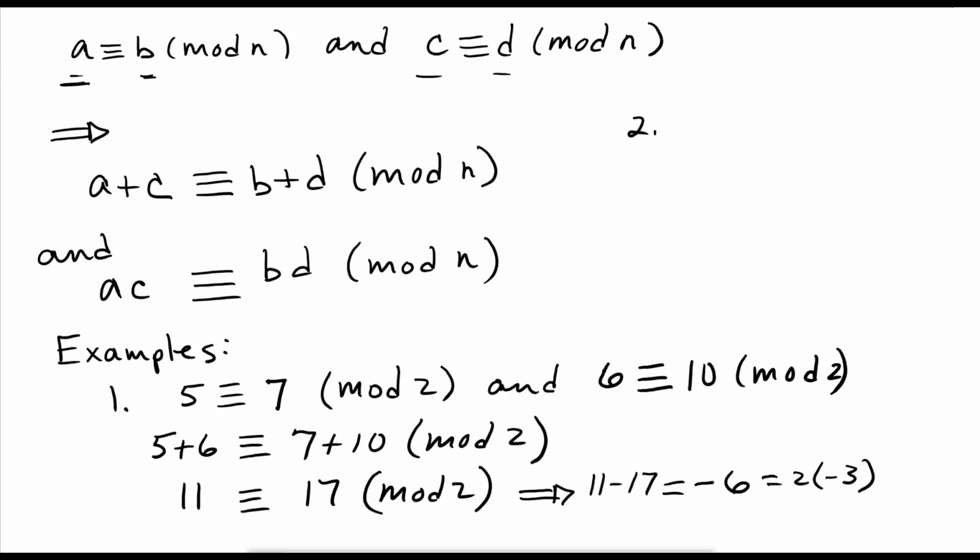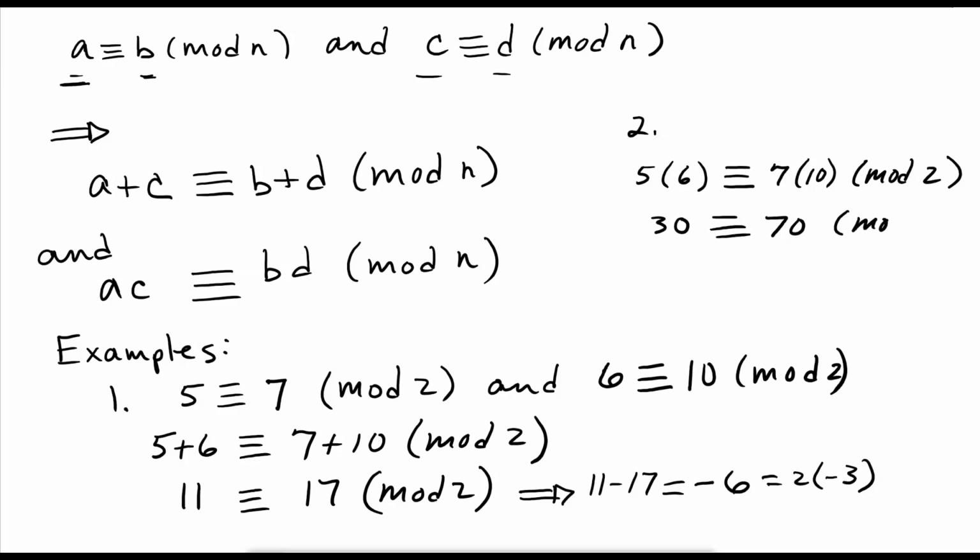For the second example, I'm just going to go on and multiply these together. So I know that 5 times 6 should be congruent to 7 times 10 modulo 2. So 30 is congruent to 70 modulo 2.